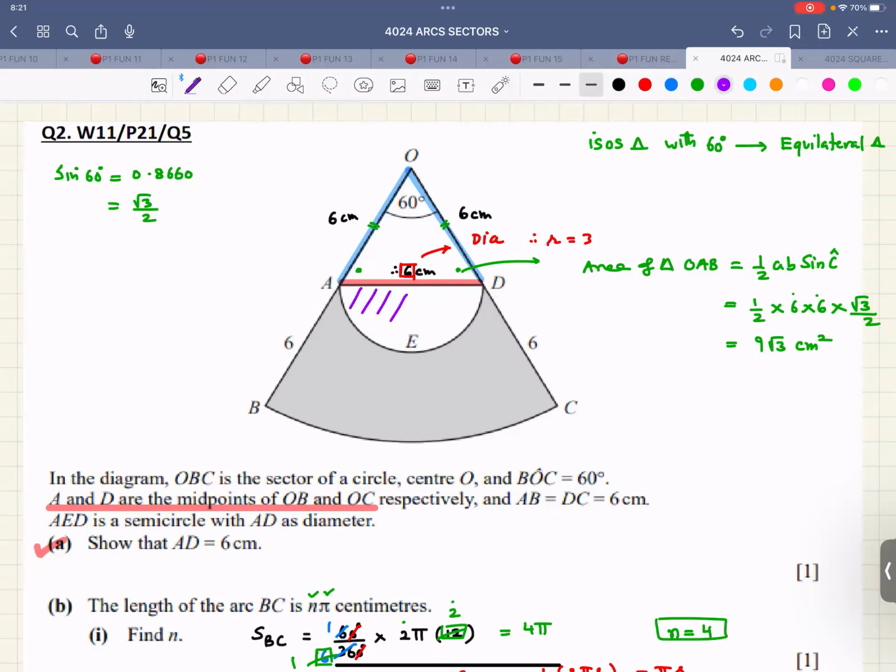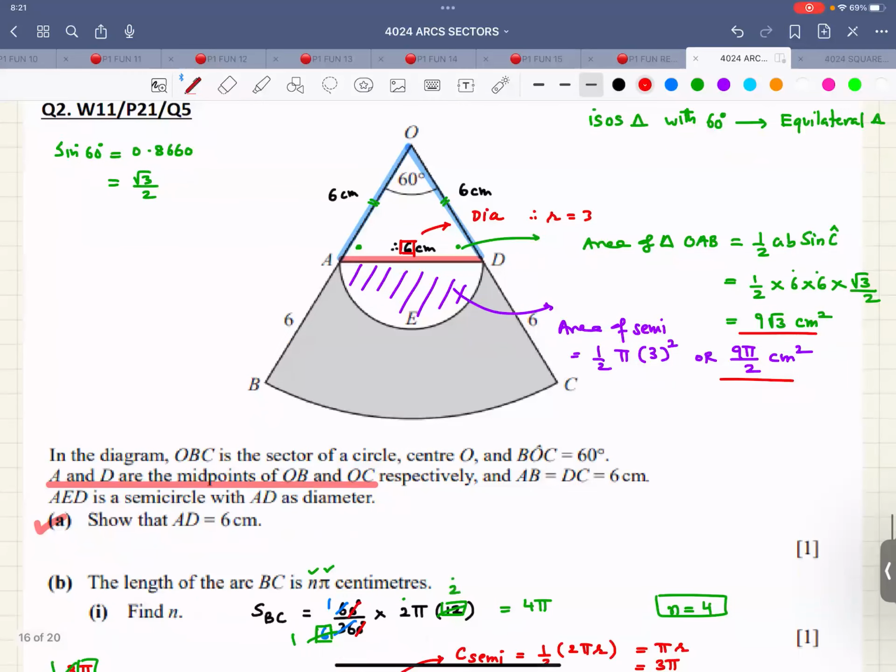Area of the semicircle. So area of semi, that is half of pi r square, pi into 3 square. That comes out to be 9 pi over 2 centimeters square. So now I'll use this, and then I'll subtract it from the whole sector.